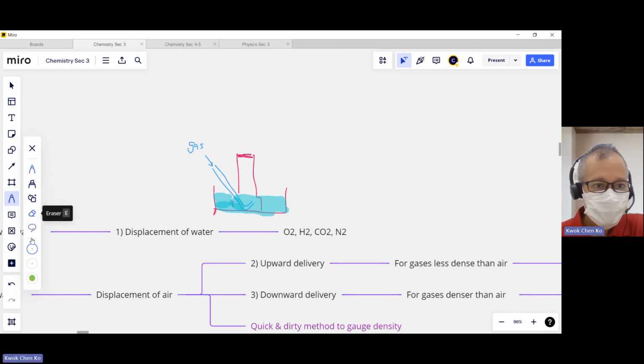All right, so what happens next? Your gas will bubble. And it starts to fill up this headspace here in the glass container. All right, so this is your collection chamber.